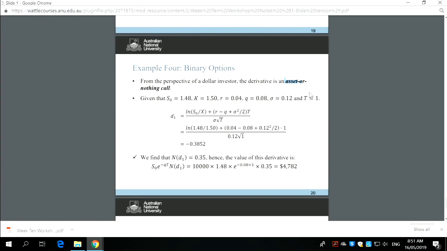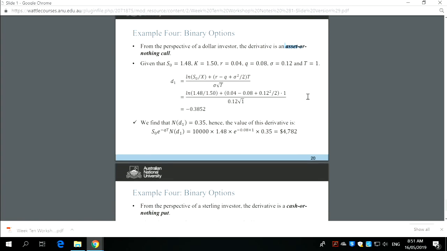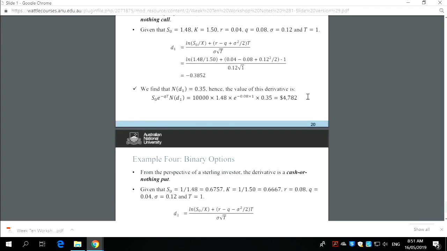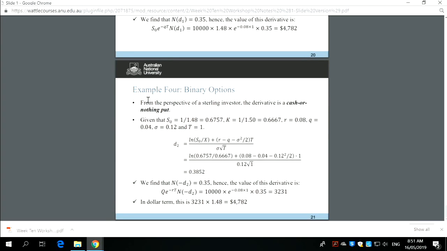Well, we can approach this question differently. We can approach it from the sterling investors' point of view. If the dollar is the foreign currency, and we view this derivative from the sterling holder's point of view, we're spending 0.67 sterling to buy 1 unit of dollar, because sterling is worth more than $1.